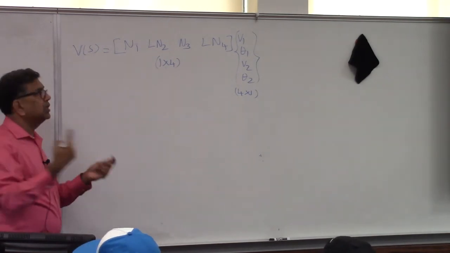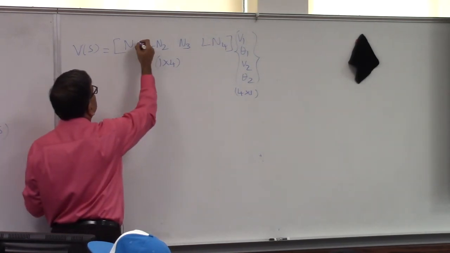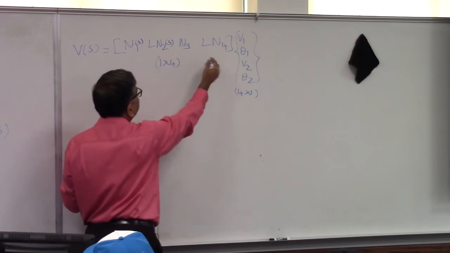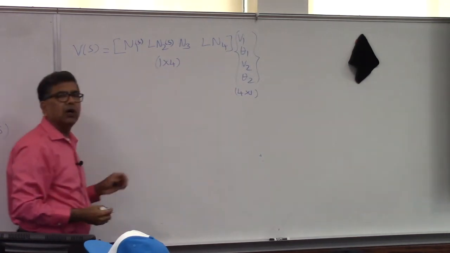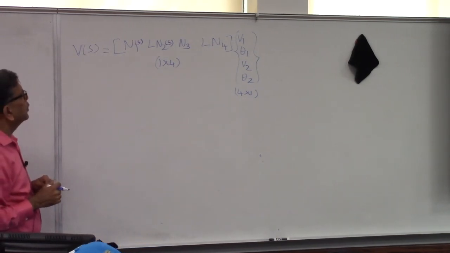Instead of writing it as a polynomial, I separate the functions. These are all functions of S. Everything is a function of S. I write it in matrix form, a row matrix, and I write the degrees of freedom as a column. You think I'm making it unnecessarily complicated, but you will see the beauty of it.